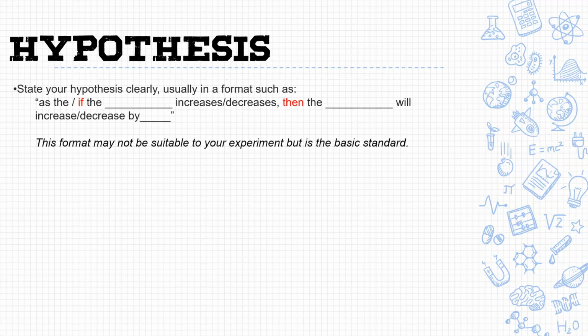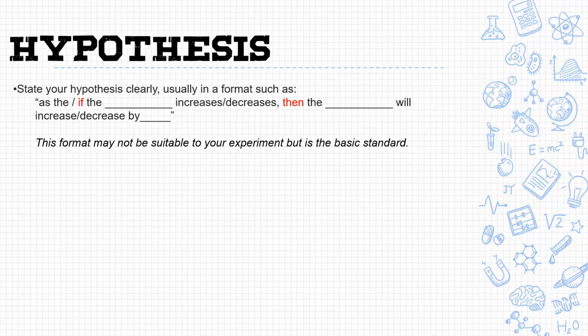So usually we state the hypothesis most of the time in an if-then statement. So for example, we would say something like, if the something increases or decreases, then the something will increase or decrease by, and then we talk about what amount, what relationship, etc. Sometimes this format doesn't work, but most of the time, I would say 9 times out of 10, your practical report can use this format.